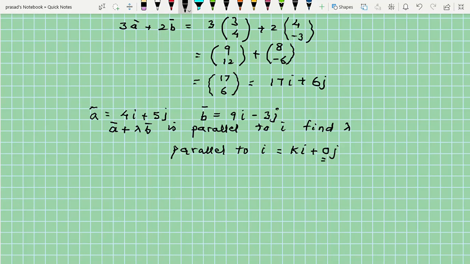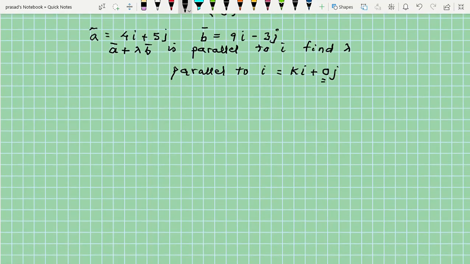So first, find out a bar plus lambda times b bar. Here, a bar is (4, 5) and b bar is (9, -3).